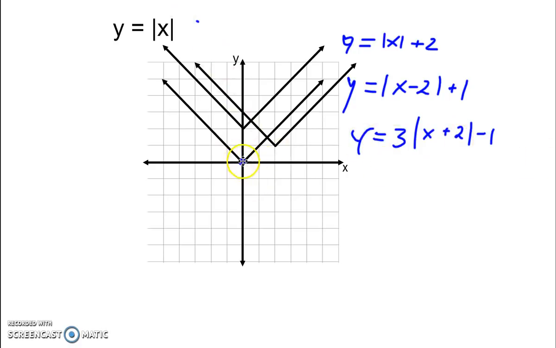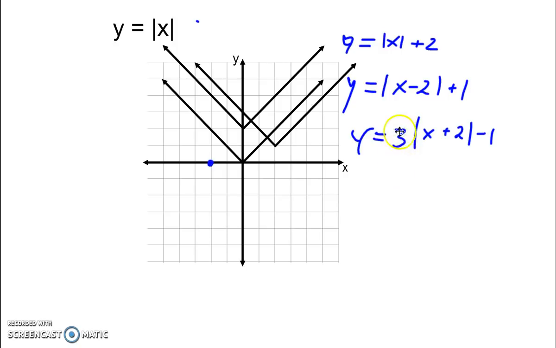Plus 2 moves to the left, right? Because the h here is negative 2. And now the next thing I would do is stretch this by 3.